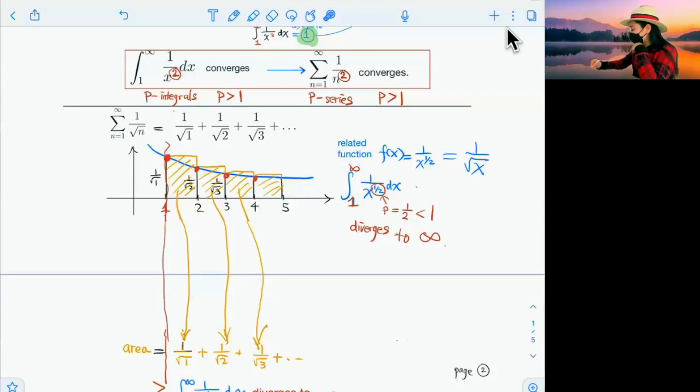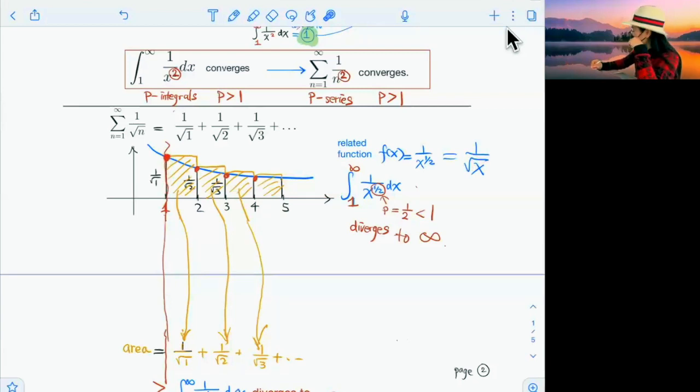Now when you construct those rectangles, you take the left endpoint, like over here. The function value at this left endpoint, you substitute 1 into x, so you get 1 over square root of 1. This is the y coordinate.